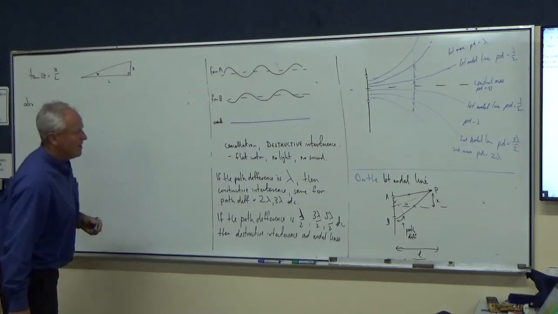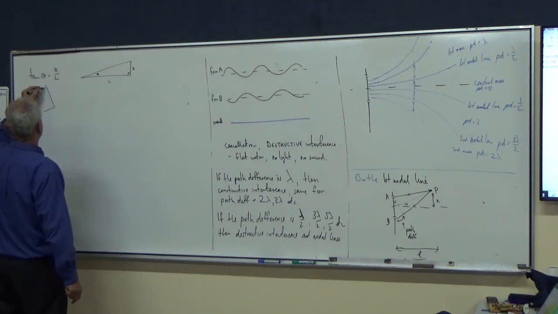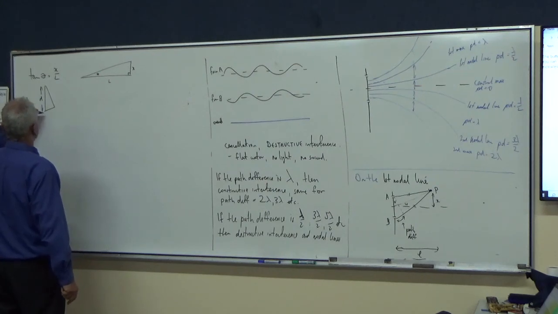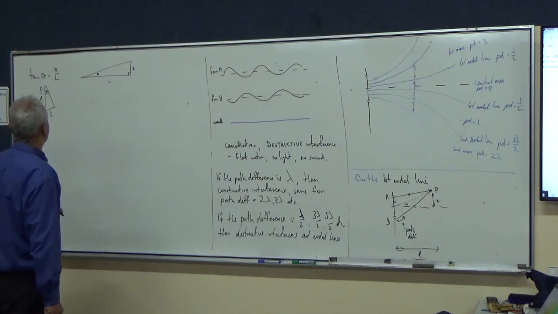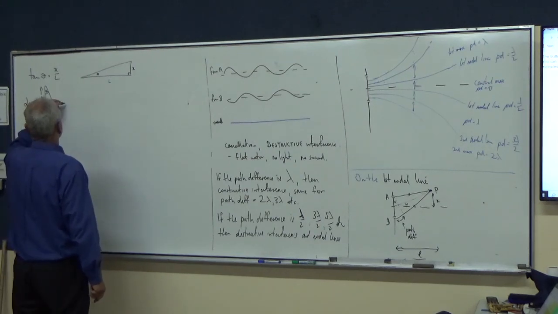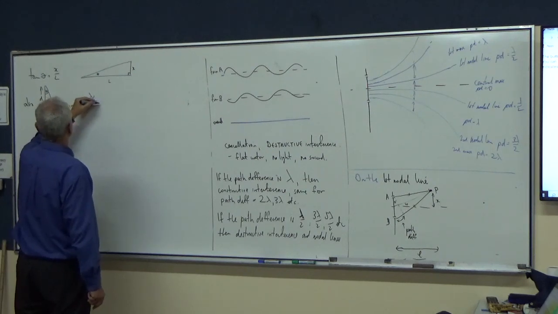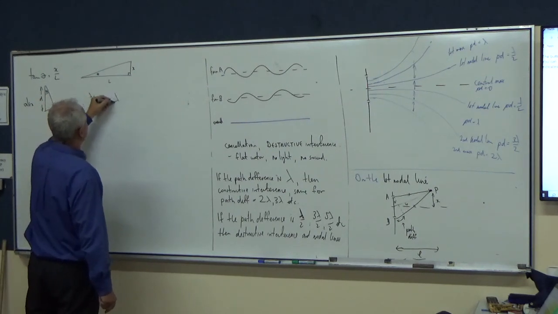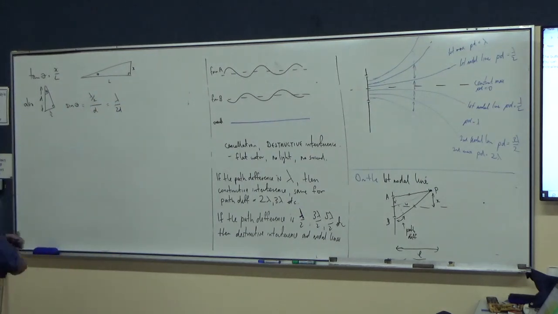Also, from our other triangle, this is D, the source separation. This is the path difference, which is lambda on 2. And this is the same theta. So we've got here that sine theta is equal to lambda on 2 on D, or lambda on 2D. Okay?